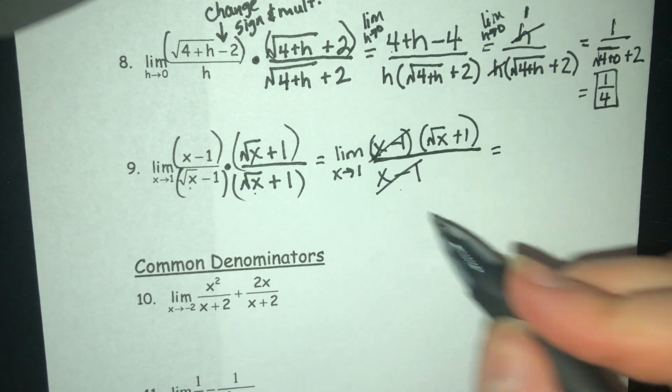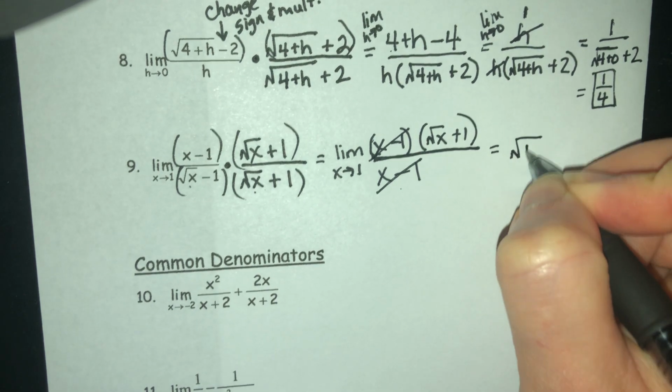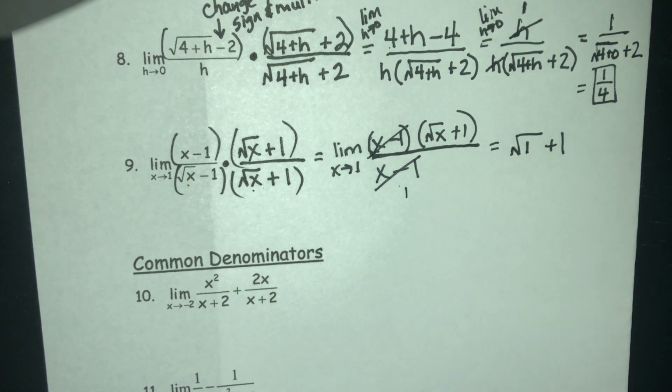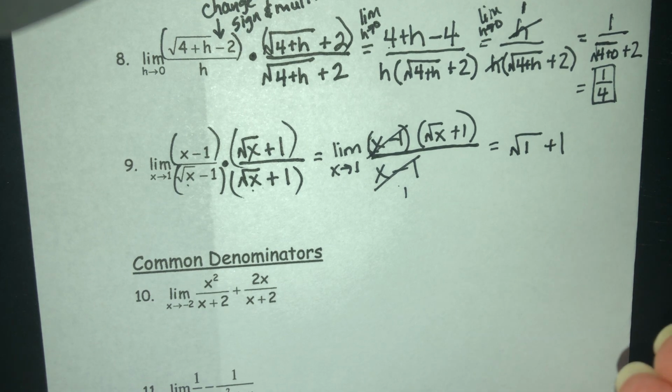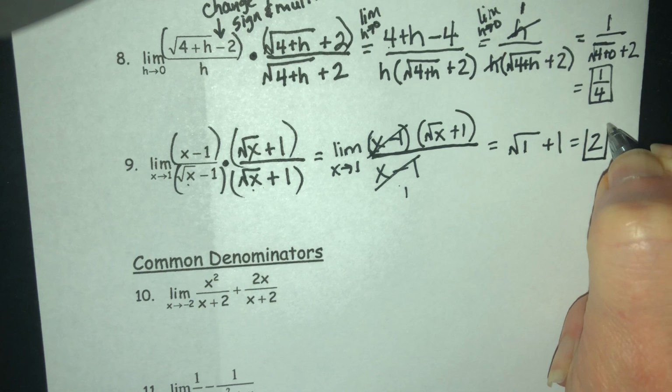And I can do my direct substitution on my next step and say the square root of 1 plus 1 for the numerator, and the denominator is just left with a 1, so I don't need to put that. Square root of 1 is 1, and 1 plus 1 is 2. Yay for first grade math.